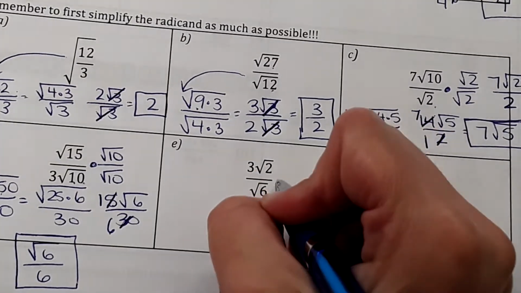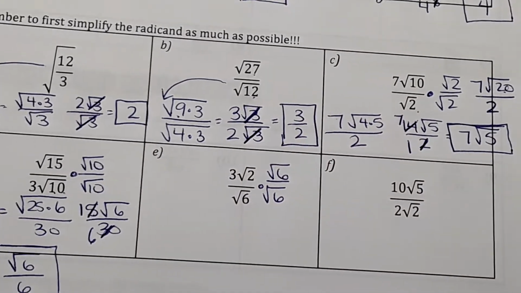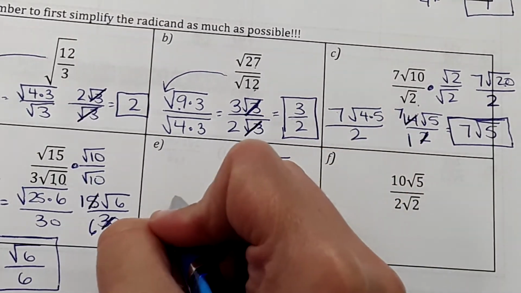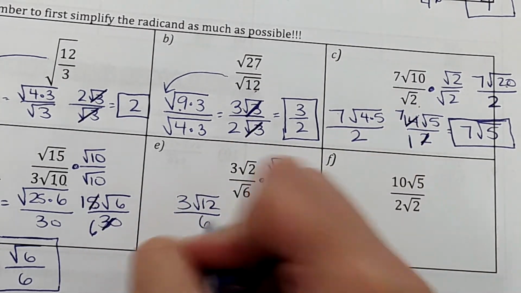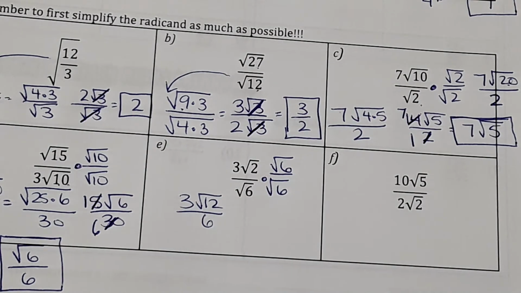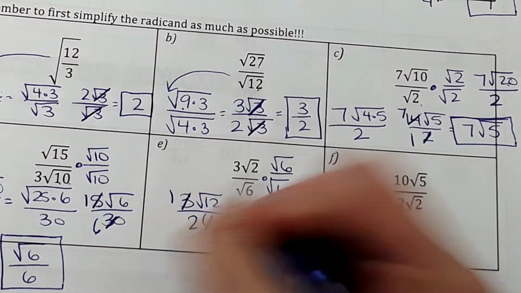Same thing. I'm going to get rid of the square root of 6 at the bottom. Get 3 square root of 12 over 6. Then you can simplify the 3 and the 6. Divide by 3 to get 1 and 2.